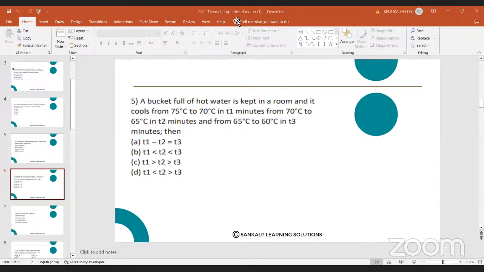But let us see the solution here. So how can we do this? So you can see this. In case 1, look at the formula: d theta upon theta 2 minus theta 1 is equal to k dt. So in case 1 we will substitute the values.